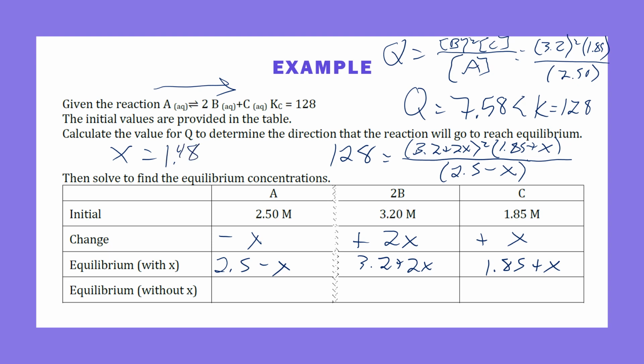And then we need to plug the value of x back into our ICE chart to find the equilibrium concentrations. So for A, we get 1.02 molar. For B, we get 6.16 molar. And for C, we get 3.33 molar.